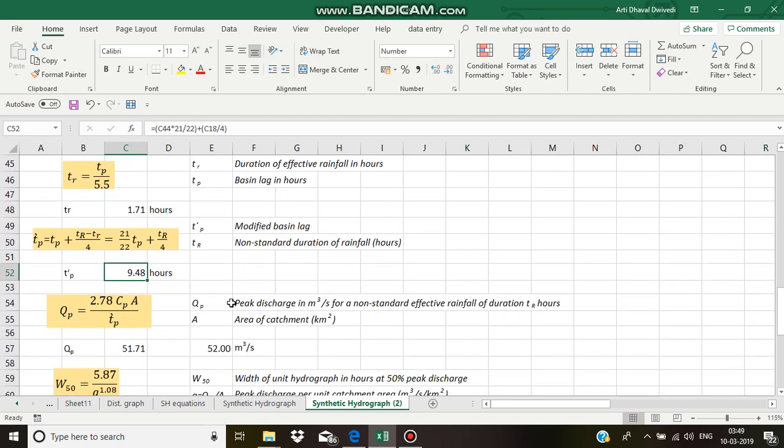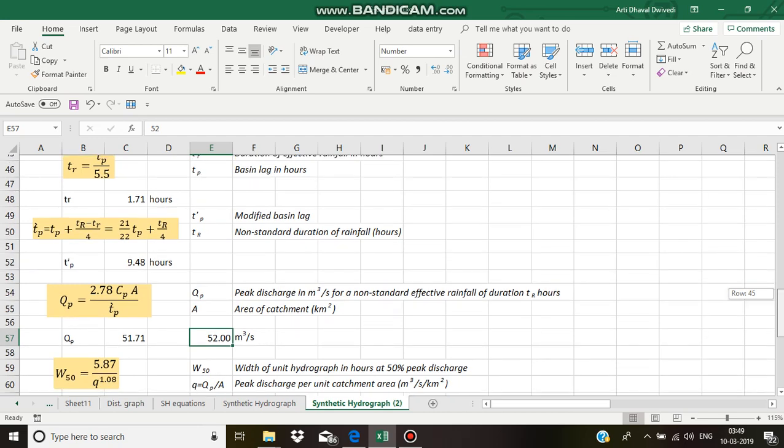So plugging in all these values to obtain QP. So the value of QP is 51.7, rounding it up to 52 meter cube per second.